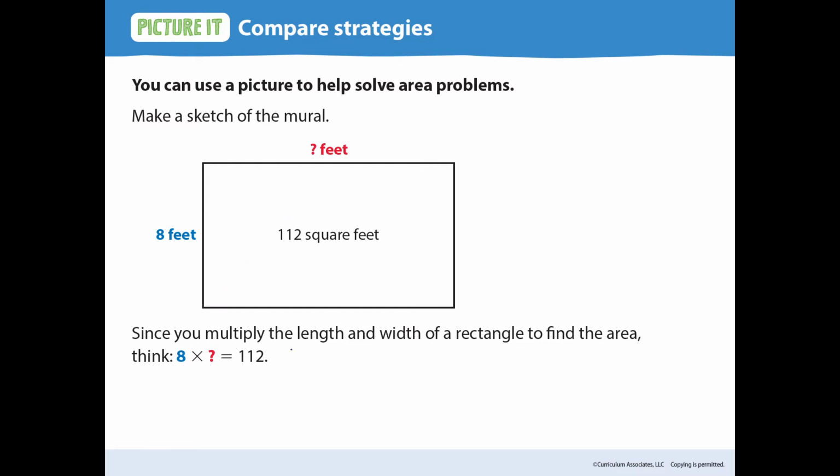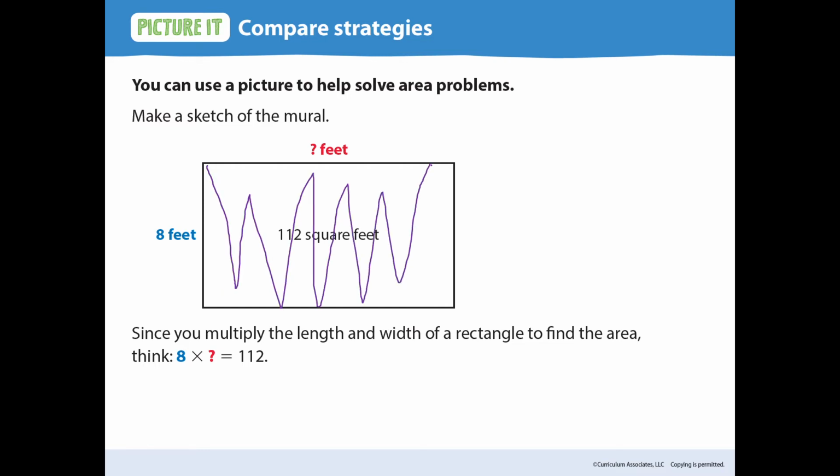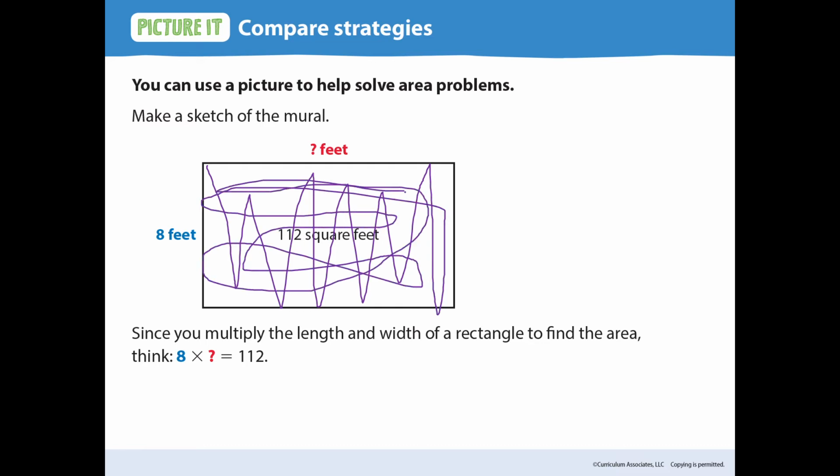Since you multiply the length and width of a rectangle to find the area, we can think 8 times something equals 112. So again, the formula that we use to find the area of a rectangle is length times width. The area is all this in the middle, basically how much stuff is inside.